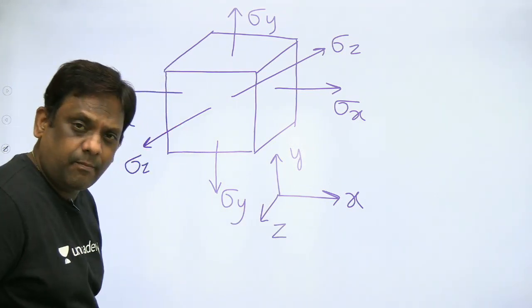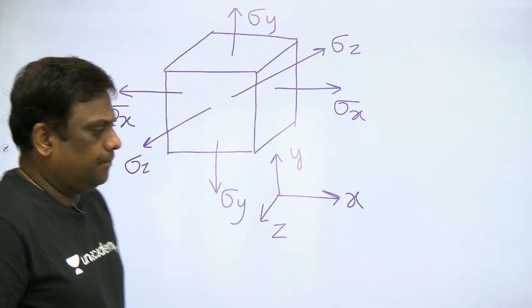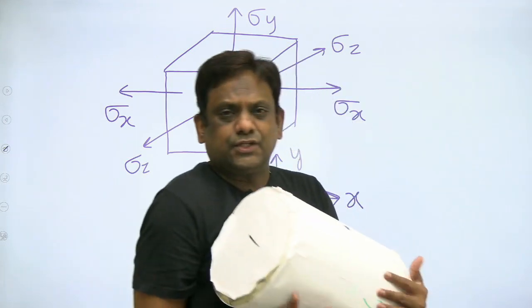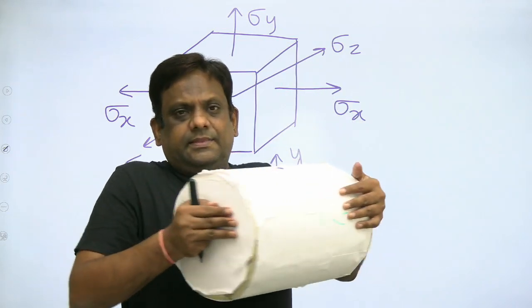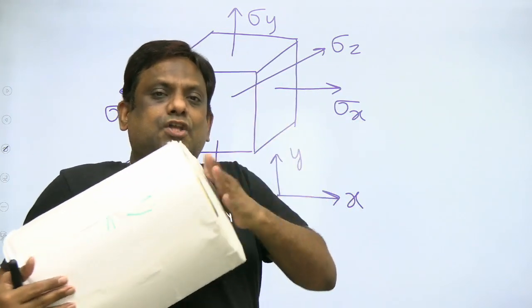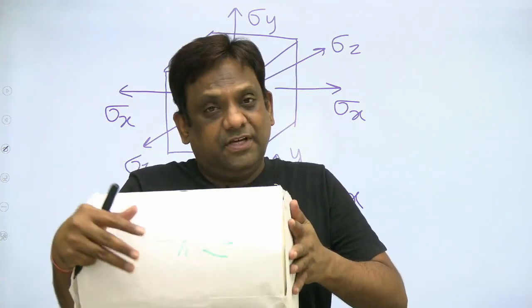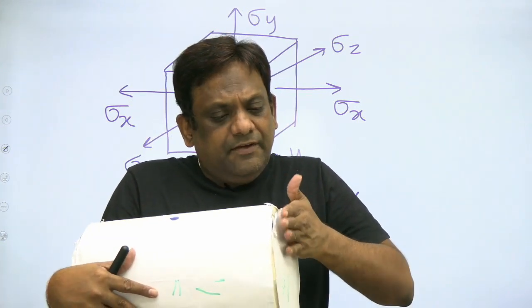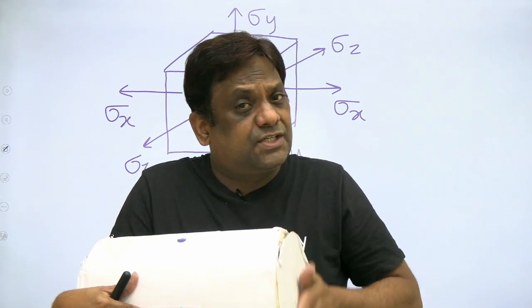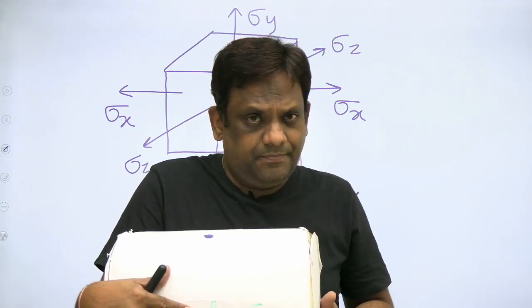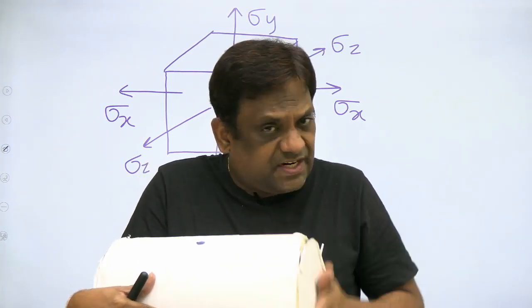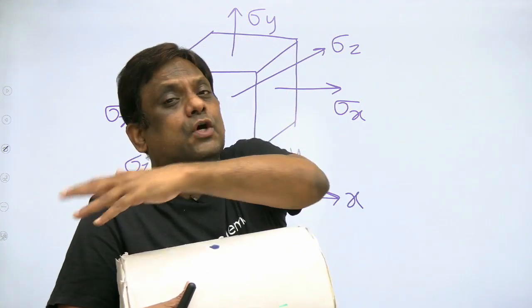My dear students, this is one face, and this is the opposite face. Now observe here. If this face is not subjected to any force, or if it is not stressed, the opposite face is also not stressed.